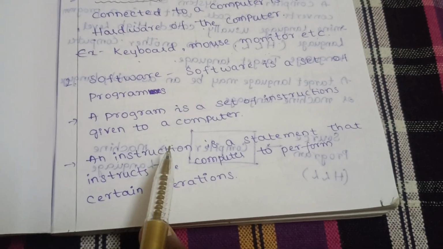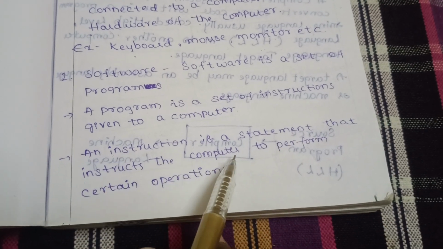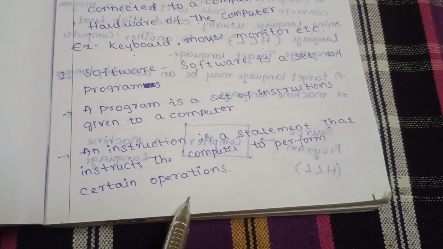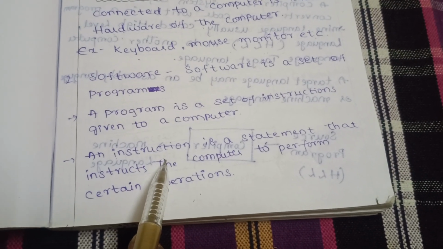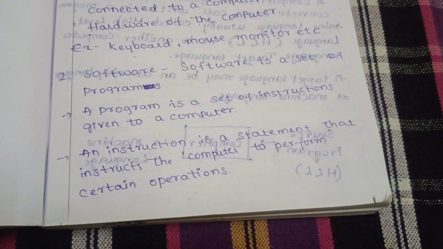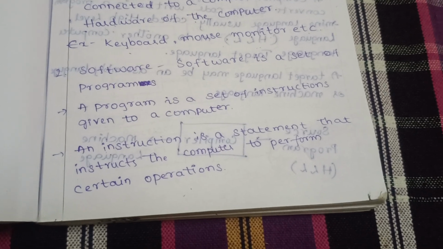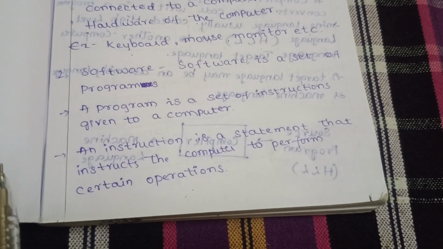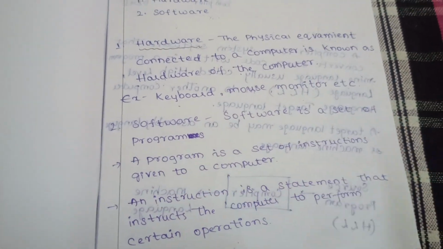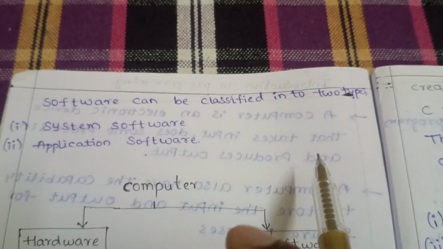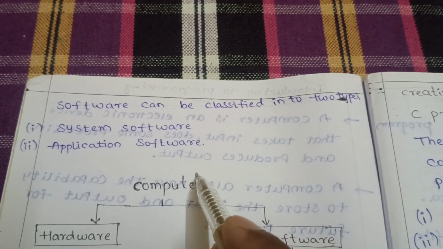An instruction is a statement that instructs the computer to perform certain operations or some process. Next, software is classified into two types: system software and application software.